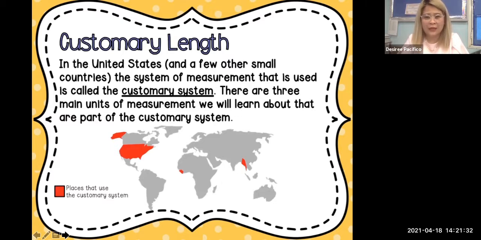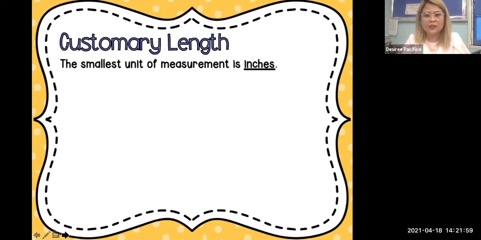In the US and a few other small countries, the system of measurement that is used is called the Customary System. There are 3 main units of measurement we will learn about that are part of the Customary System. If you can see the red shaded part of the globe, those are the countries that are using the Customary System. The smallest unit of measurement is inches.